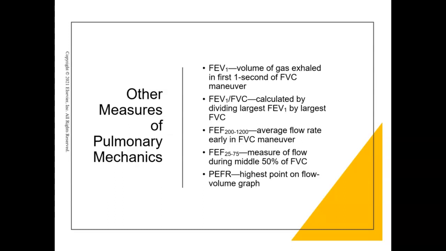And then this, FEF 200-1200, is that average flow rate in the beginning of the FVC maneuver. The FEF 25-75 percentage is that flow rate during the middle, and that peak flow rate again is at the highest. I would say the big ones you need to focus on again.